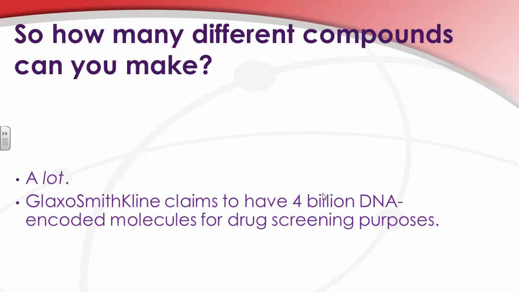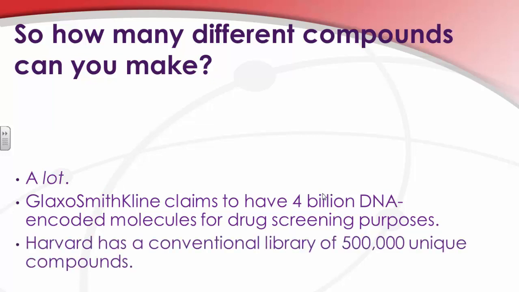So to take things out to the extreme, GlaxoSmithKline, in their drug discovery efforts, have a library of about 4 billion molecules that are encoded onto DNA for drug screening. If we want to move into the educational sector, Harvard has a conventional library, not DNA encoded, of about 500,000 unique molecules.